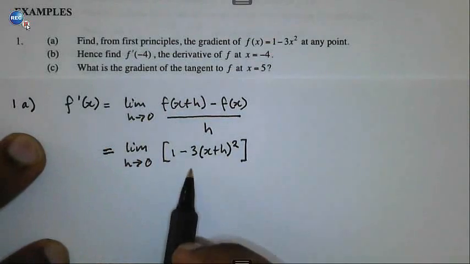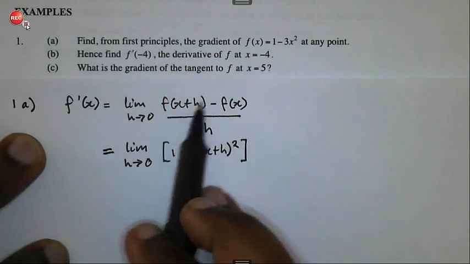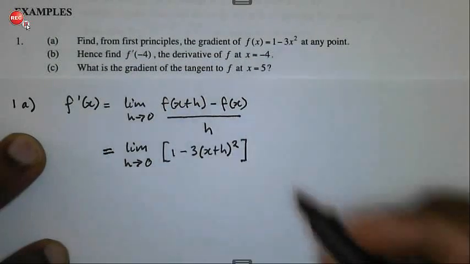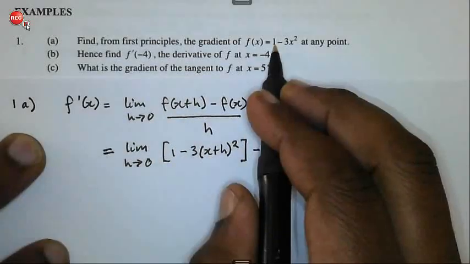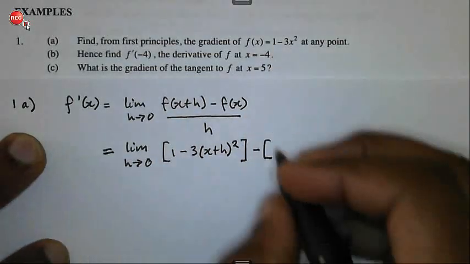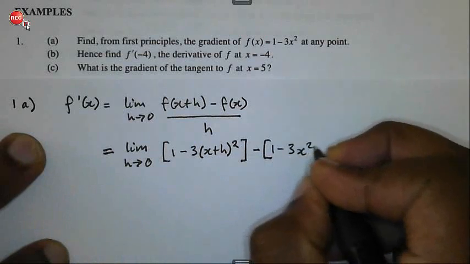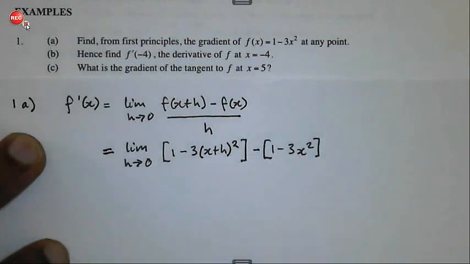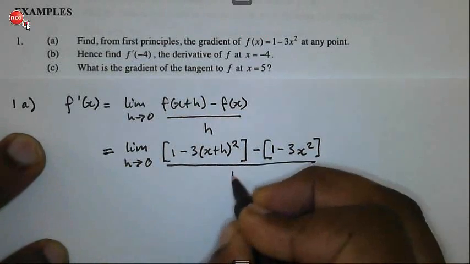Are we together? Where there is x, you replace it with x plus h. Minus, well, f of x we already know what this is. It's 1 minus 3x squared. So we're going to say minus 1 minus 3x squared. Divide that whole thing by h.